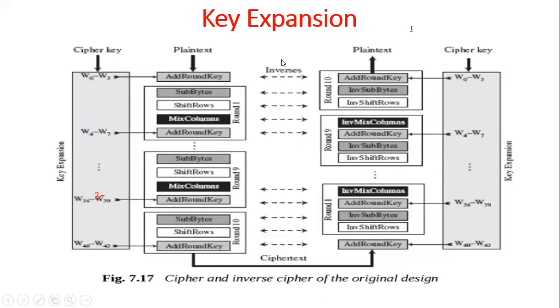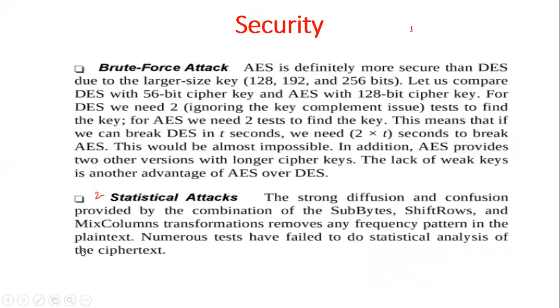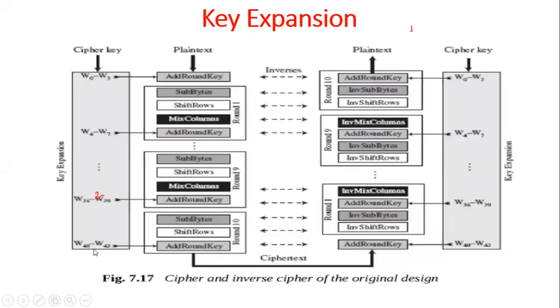So this is the final diagram of key expansion. W0 to W3 is for the pre-round key. Then this is round 1: SubBytes, shift rows, mix column, add round key, and in add round key W4 to W7, and like this it goes to W42, W43, the last one.